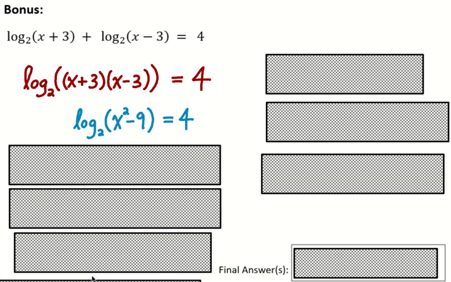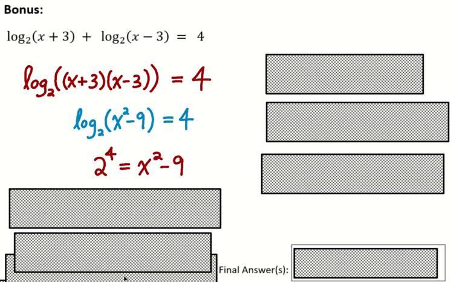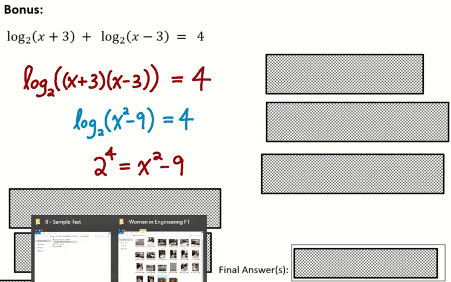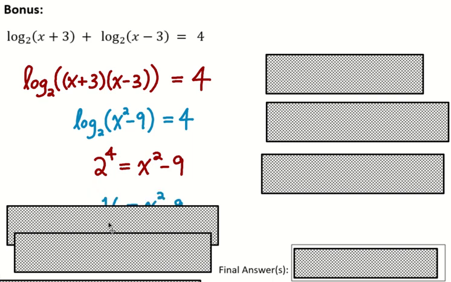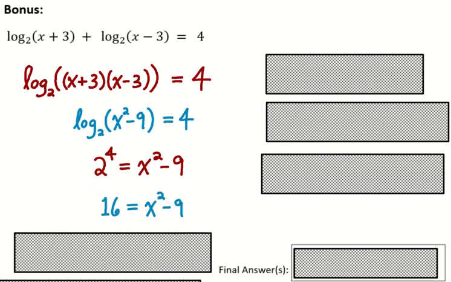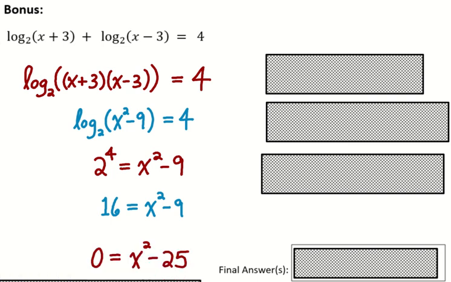And now I'm going to convert. So 2 to the 4th power equals x squared minus 9. In order to solve this, first, 2 to the 4th power is 16.